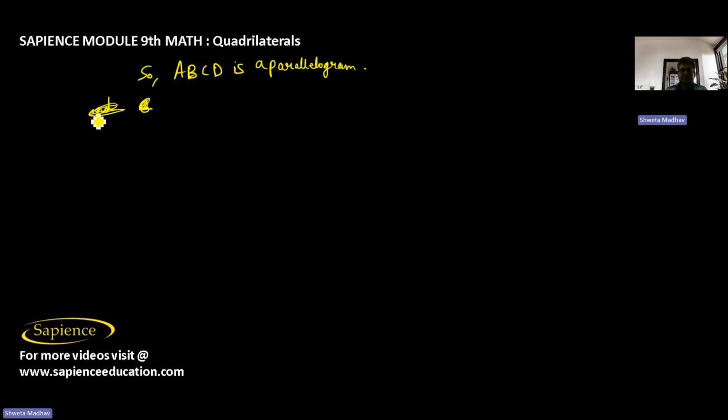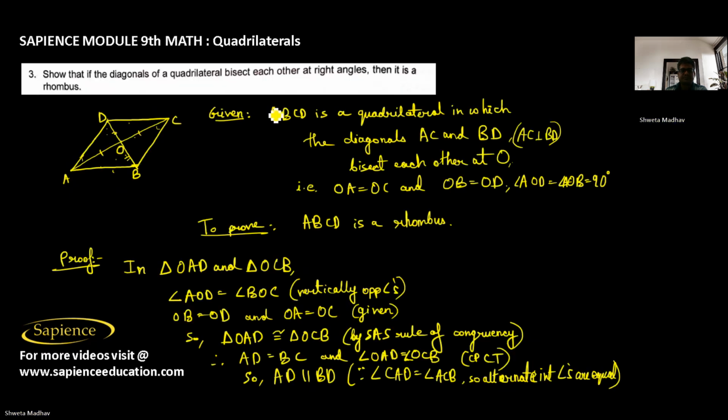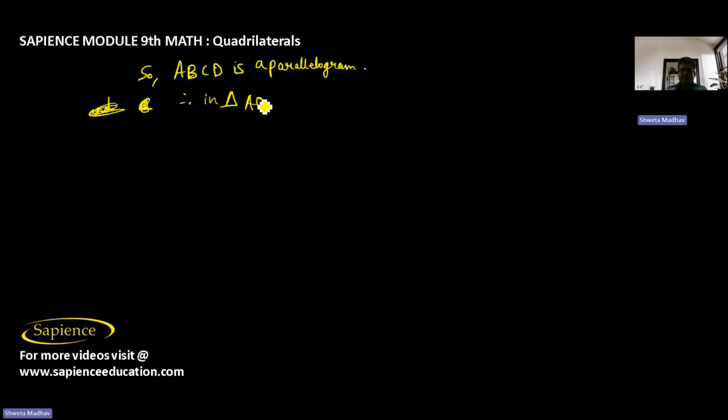So here we can also see that in triangle AOB and triangle AOD, angle AOB is equal to angle AOD, which is equal to 90 degrees, since it is given that AC is perpendicular to BD.